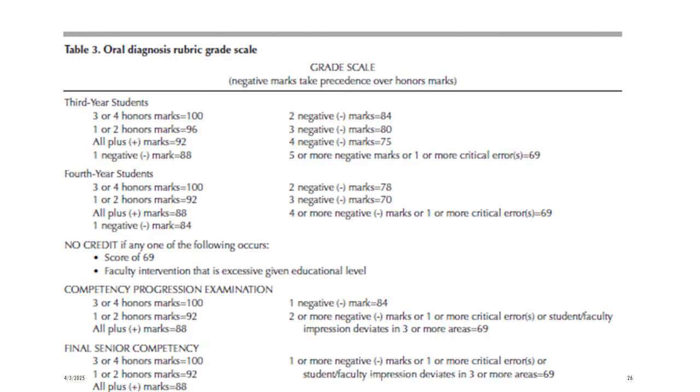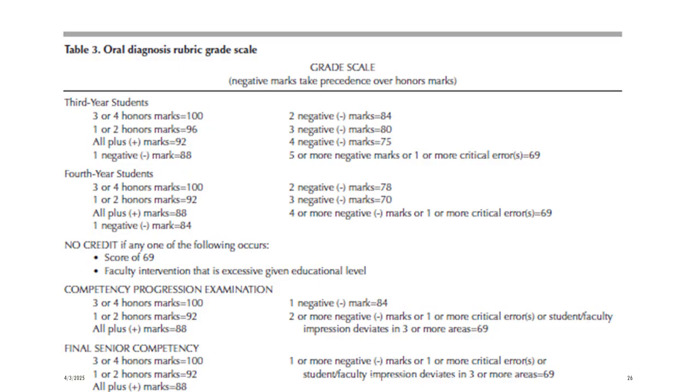Here there is something which drew my interest. Oral diagnosis rubric grade scale. In this case, it's not exactly the same for the third year students, the fourth year students, or the final senior students in their competency.